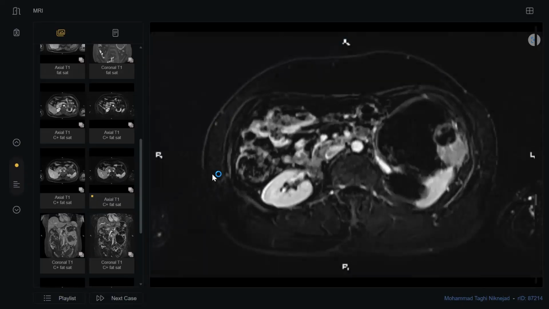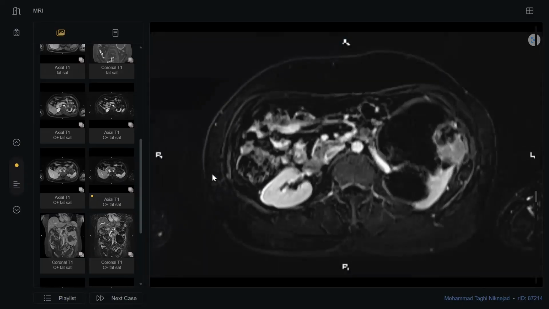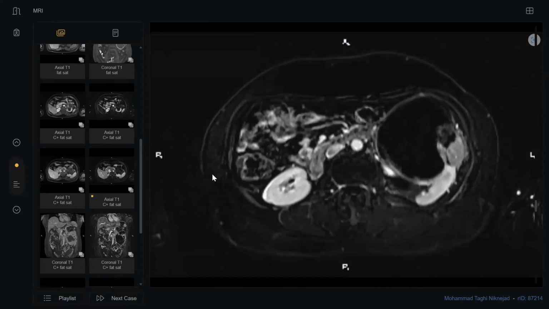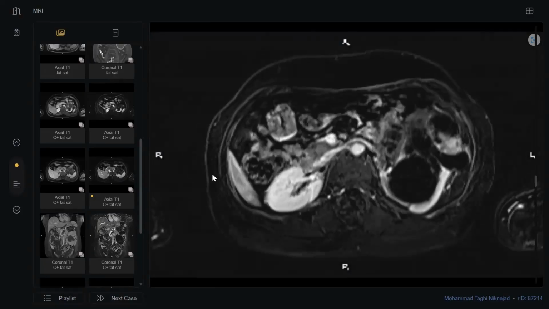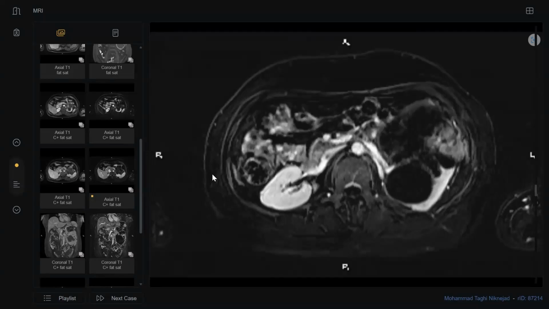Which type of renal cell carcinoma could you expect with this one, and why? The cystic pattern may be related to clear cell. I think, I'm not sure. Not clear cell. Maybe chromophobe. I'm not sure actually.